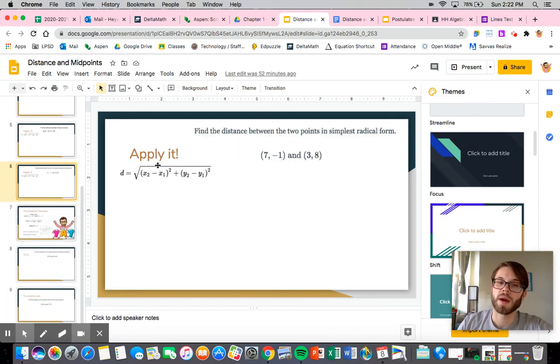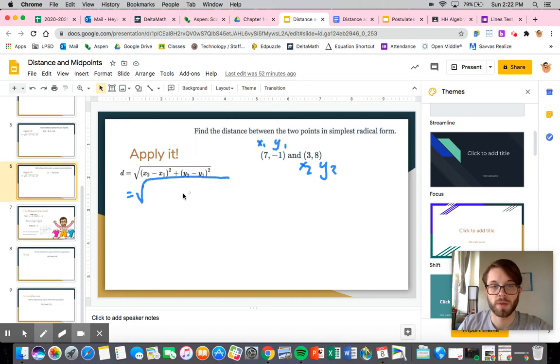All right, so now we're going to find the distance between (7, -1) and (3, 8). So again, we have our formula there. I'm going to call this one x1 and y1, x2 and y2. Again, it does not matter which one I put as x1, y1 and x2, y2, as long as I am consistent. Right?